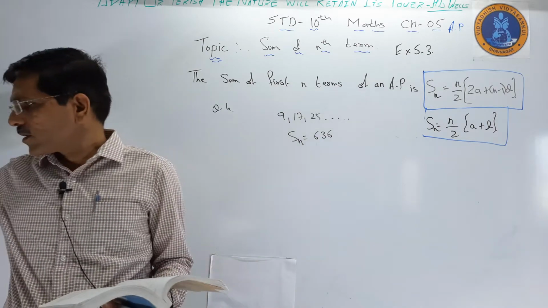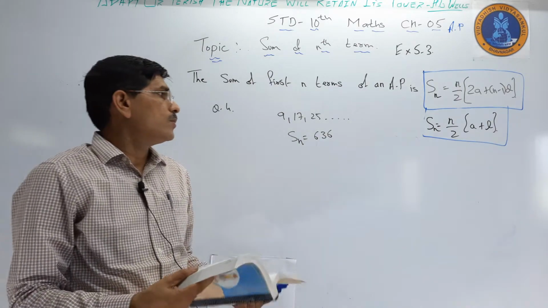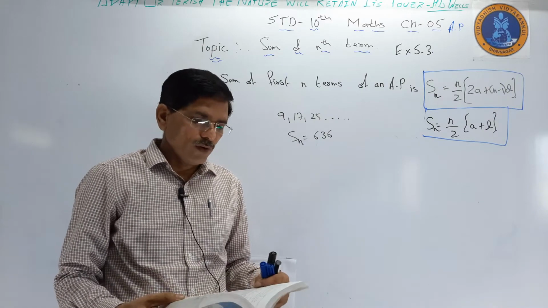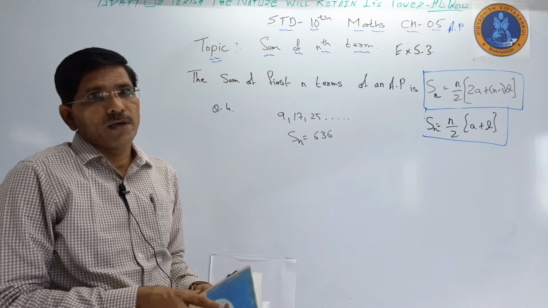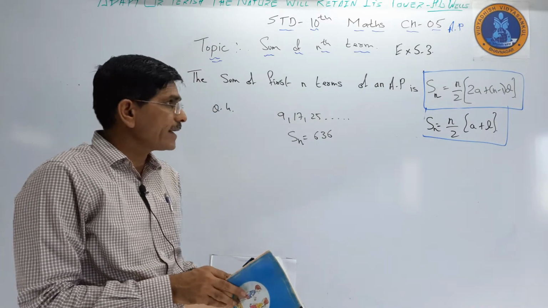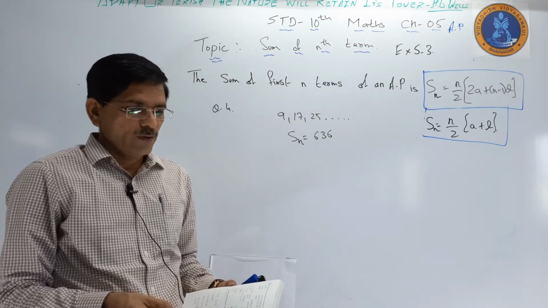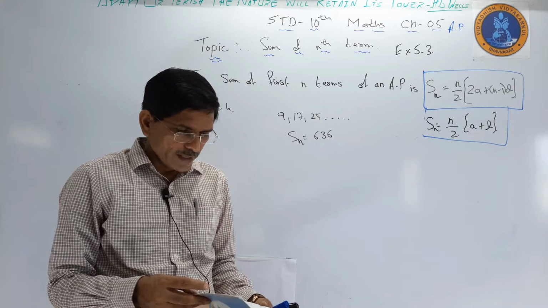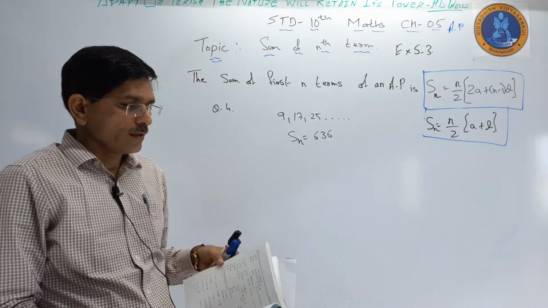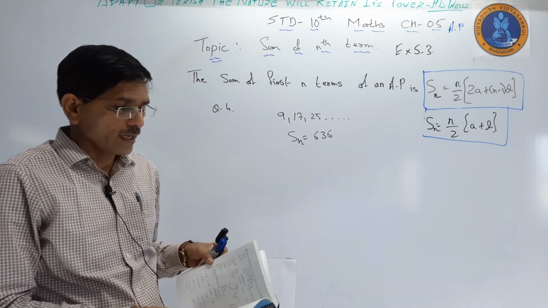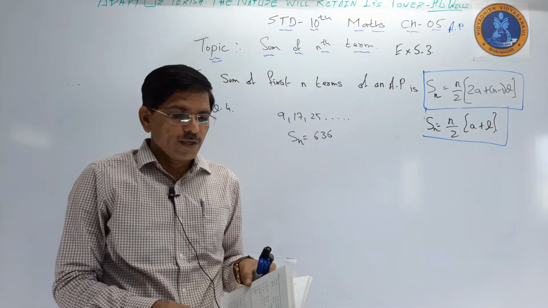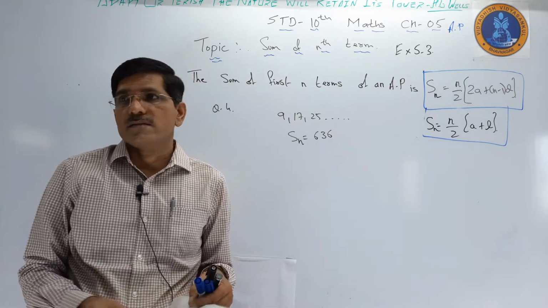Always remember, we have to do the factorization of it, because when n is unknown in this question, we have to find it in a different way. So, you have to make a factor of it and you will get the answer.